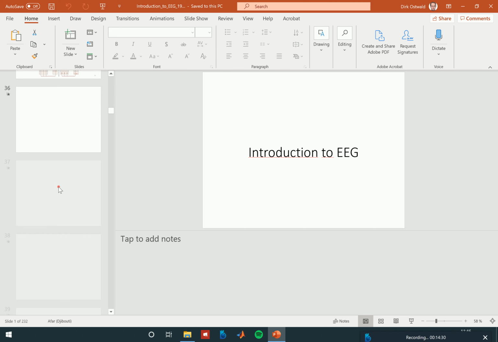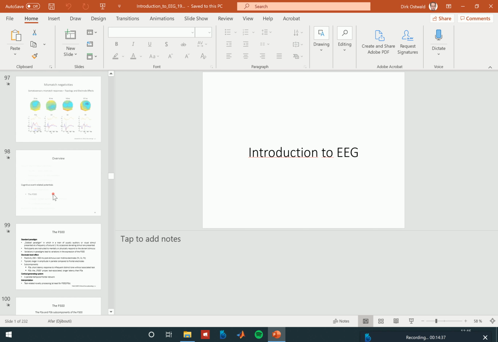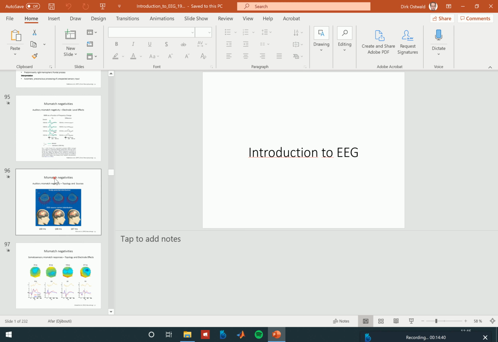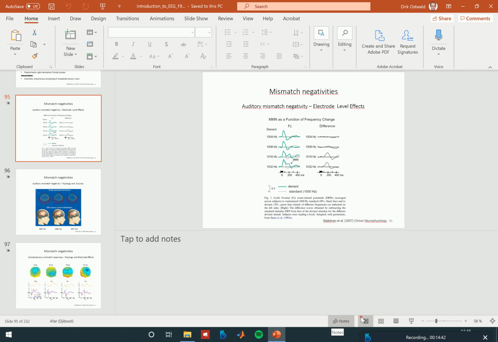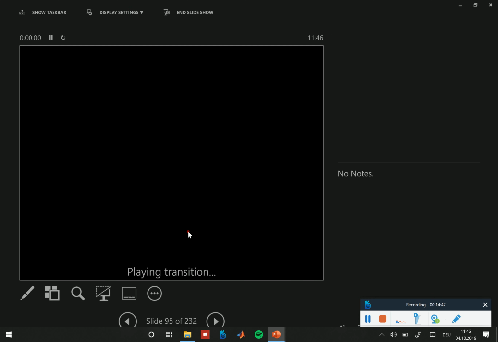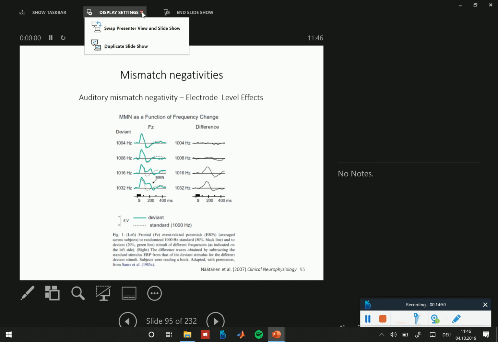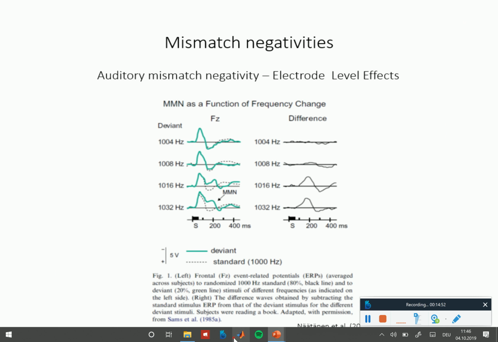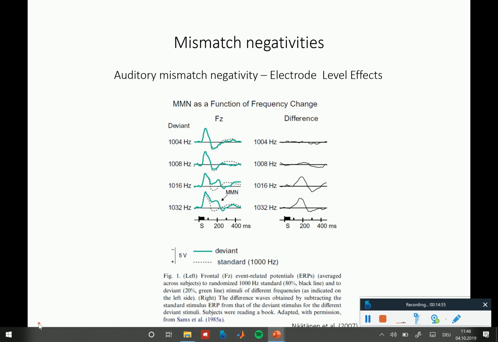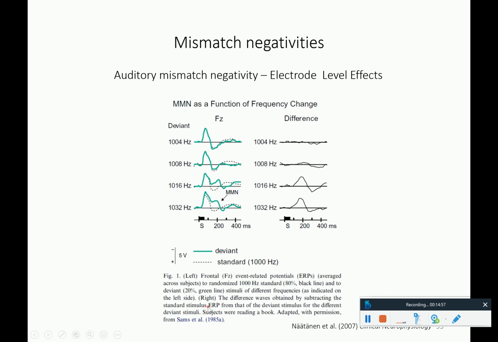And it shows that mismatch negativities vary with the deviancy, if you want, of the stimulus.